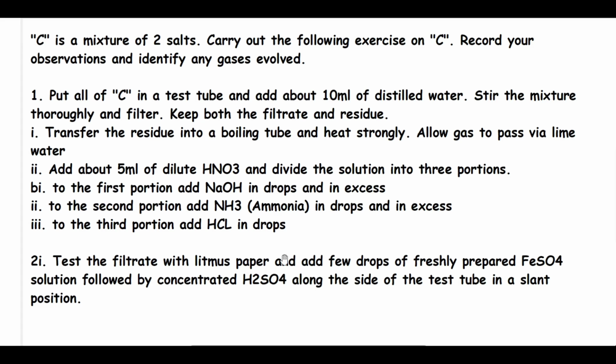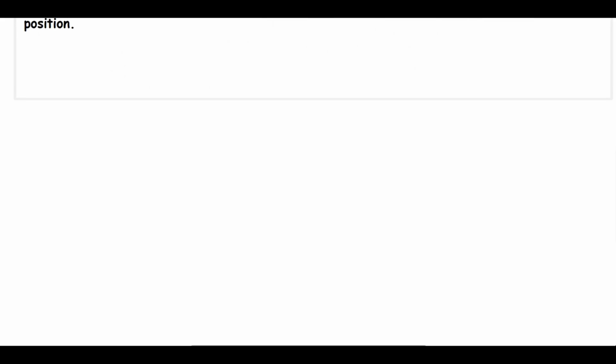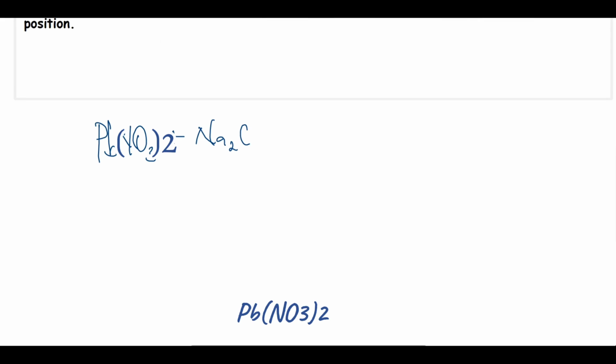So this is a sample question, and it says C is a mixture of two salts. You'll be given a mixture of two salts, and those salts are lead nitrate and sodium carbonate. Now take note of this.